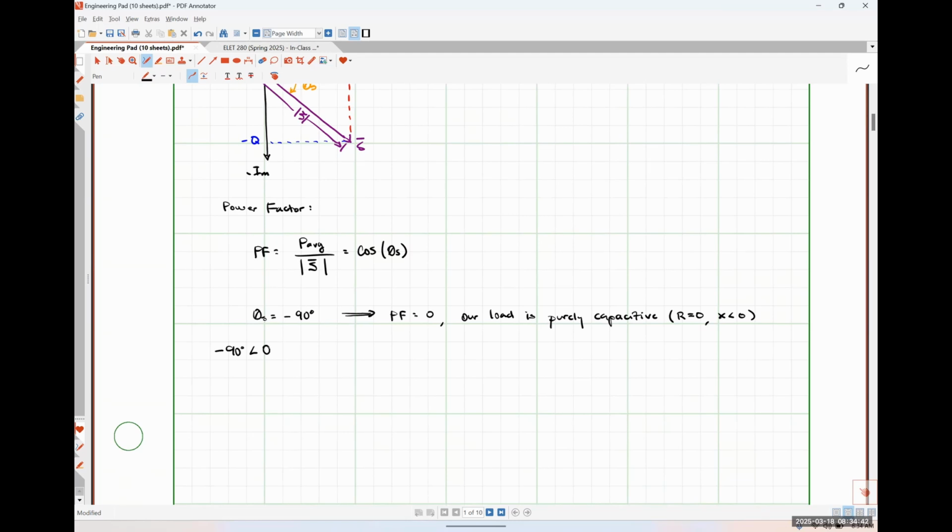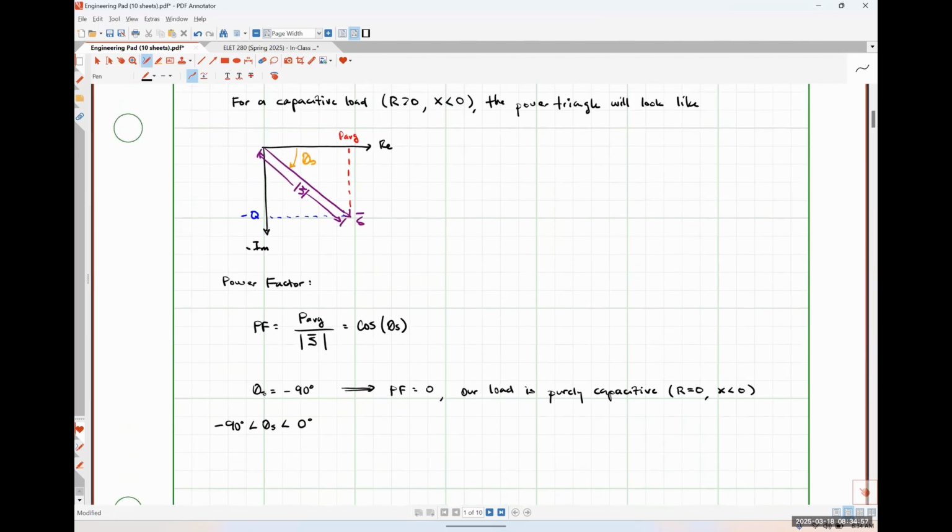is between 90 degrees and 0 degrees, but it is not including negative 90, nor is it including 0 specifically. Okay. So that range of angles is what we're looking at in this power triangle for a capacitive load.